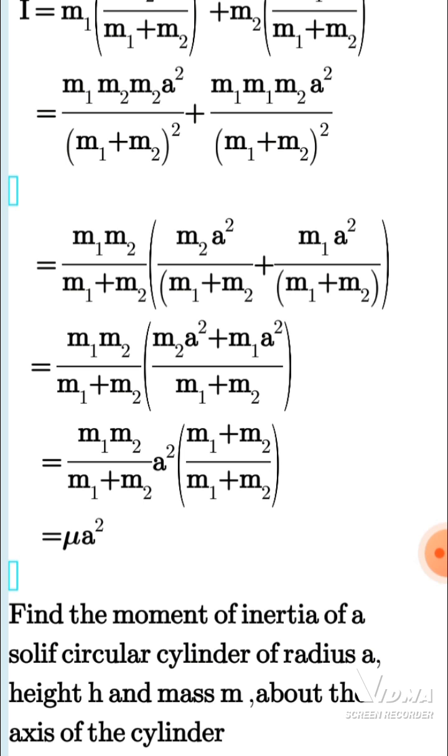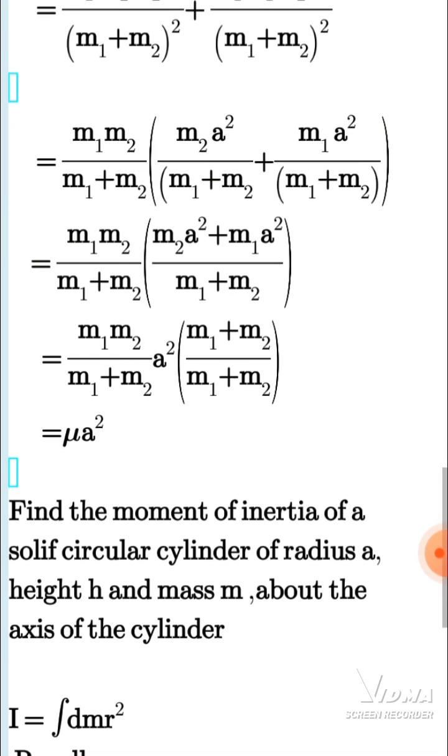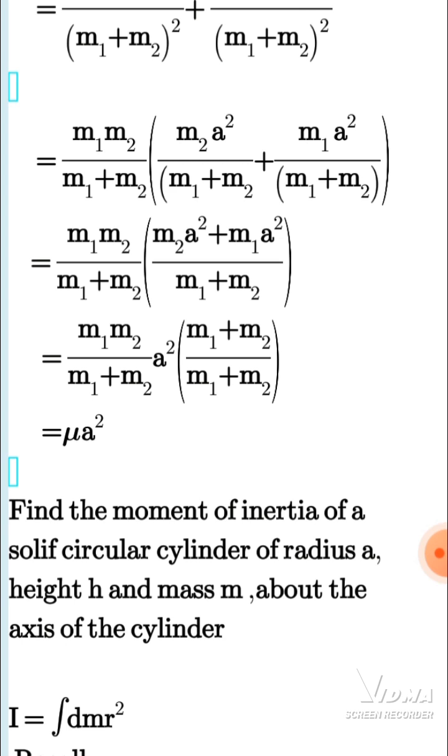Now we are asked to find the moment of inertia of a solid circular cylinder of radius a and height h. What we usually do to look for the moment of inertia in this case is take the integral of the square of the distance with respect to the mass; we're integrating with respect to the mass.